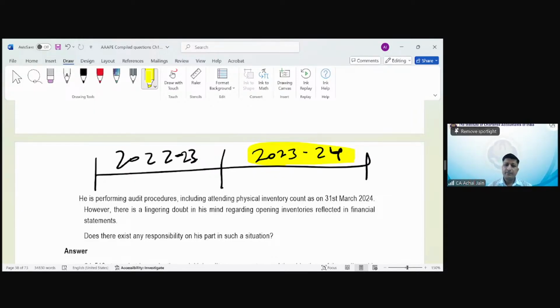Based on that, we can do the confirmation. Also, we can do the valuation of the opening balances, the procedure at the assertional level. The assertional level is very important: whether rights and obligations are there, the valuation is done properly, and the existence is there or not. All the items we have to value in order to locate the right opening inventories.